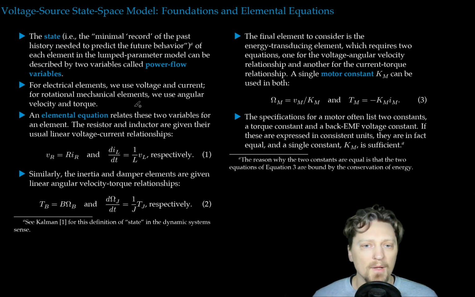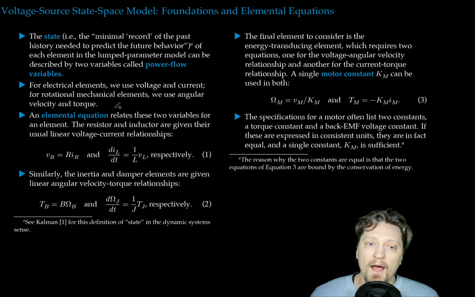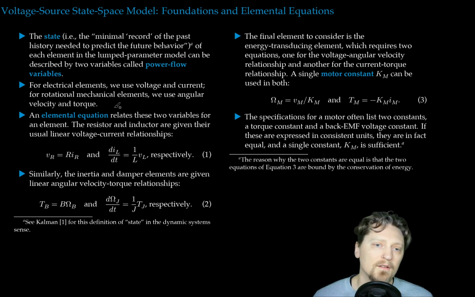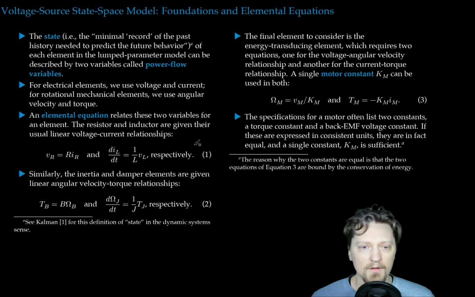For rotational mechanical elements, we use angular velocity and torque. An elemental equation relates these two variables for an element. The resistor and inductor are given their usual linear voltage current relationships, V_R equals R I_R and dI_L/dt equals 1 over L V_L, respectively.